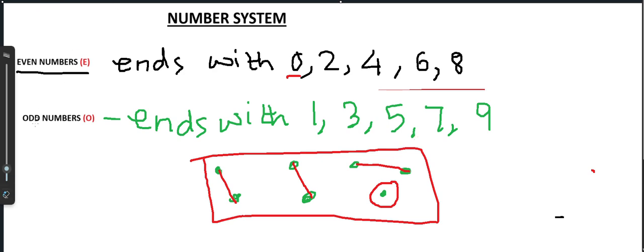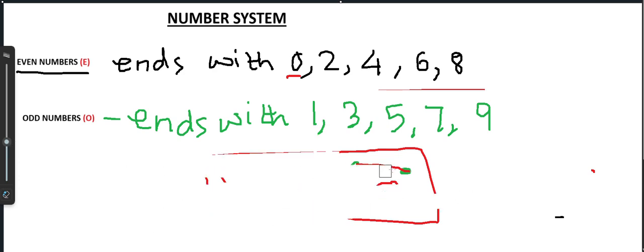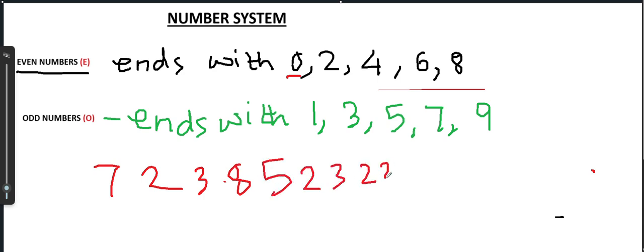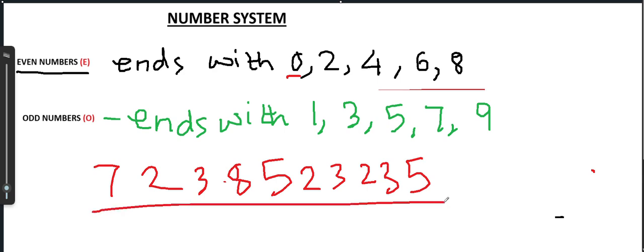Now let's take for instance a super big number as we took for the even number, okay? So we are going to take a super big number and find out whether it is odd or even. 72385, 52325. Okay, so I have this number for you and I ask you, hey, you have so many candies, can you please tell me whether this number is odd or even?